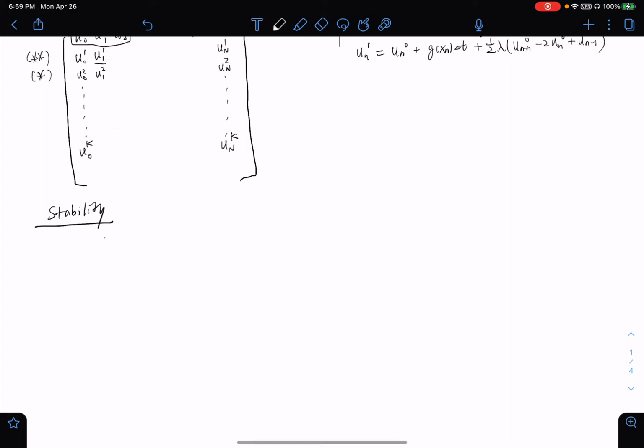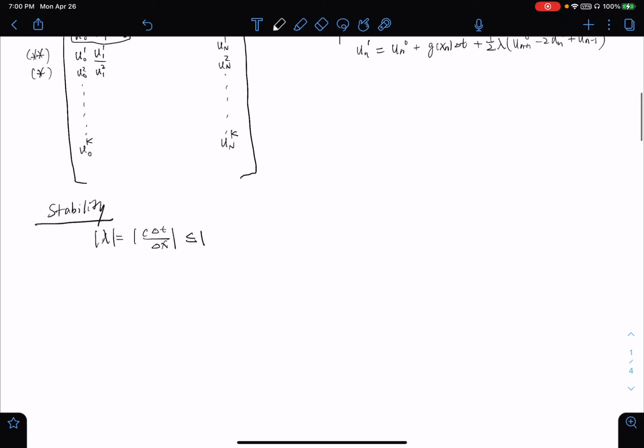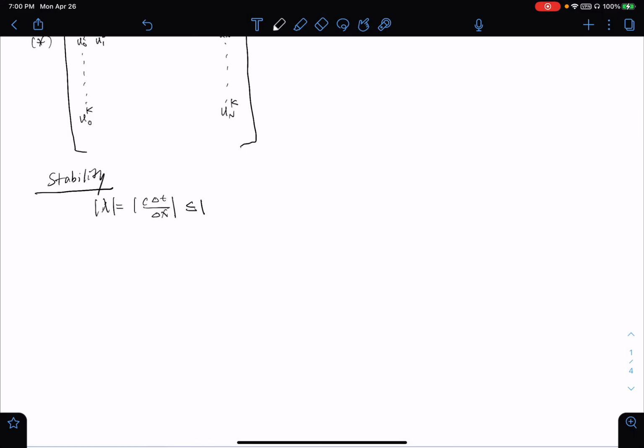The constant lambda, which is c times delta t over delta x, should be less than or equal to 1. So in other words, we should have this inequality between the spacing in time and spacing in space.